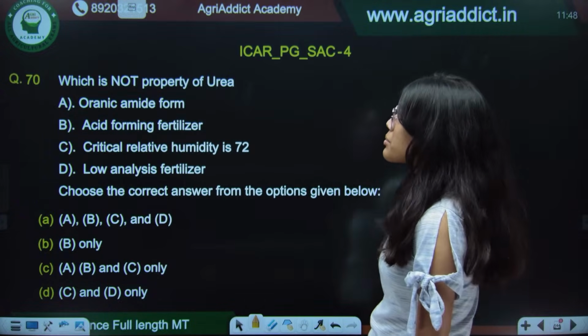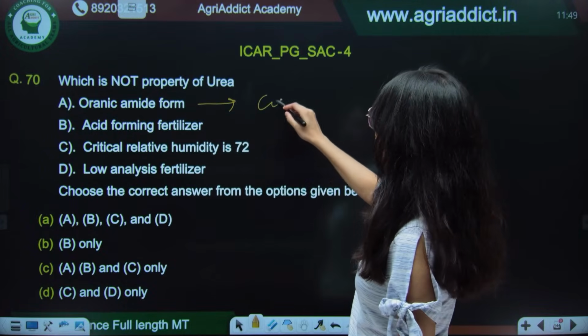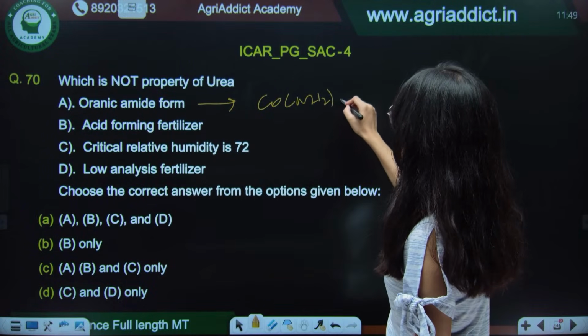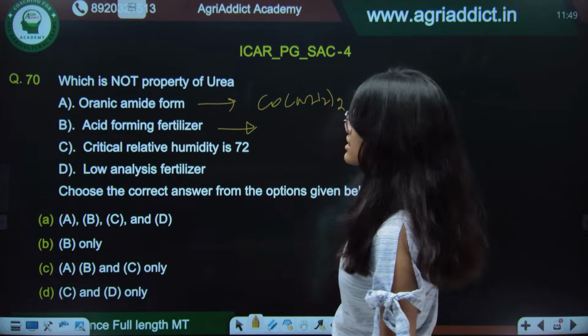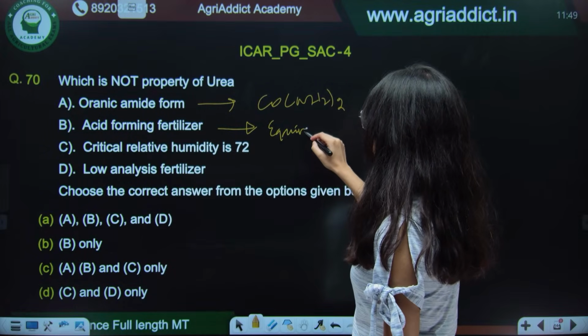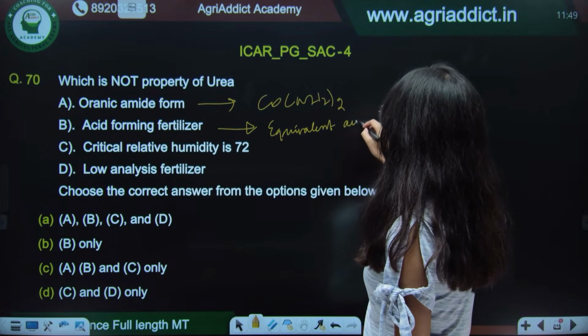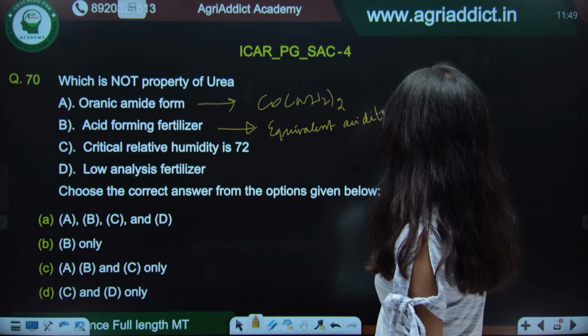Next, which is not a property of urea. So it is organic amide form CONH2 whole twice. Fine. Acid forming fertilizer. Yes. What is the equivalent acidity of urea?